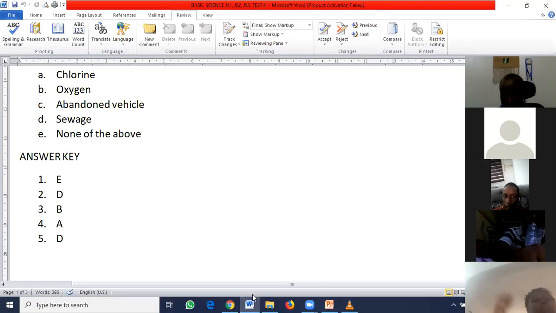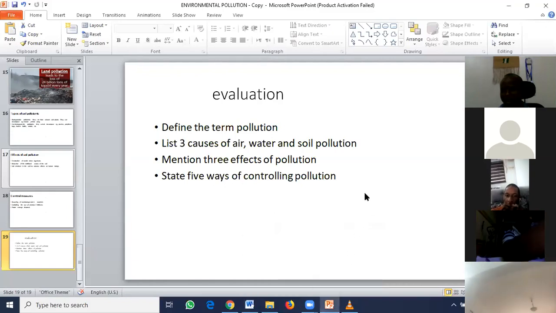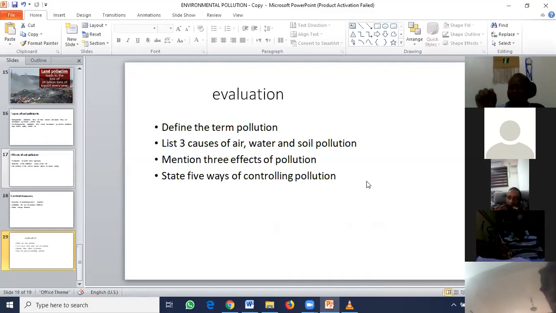Now, the other part of it, the one that you will do as your assignment: we do the first 2 together, and you do the last 2 as your assignment. Define the term pollution. Write your response in the text box.